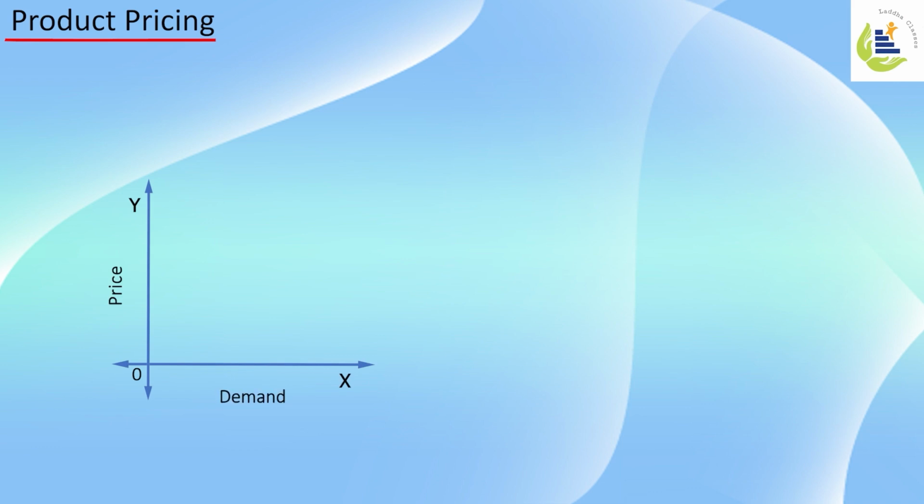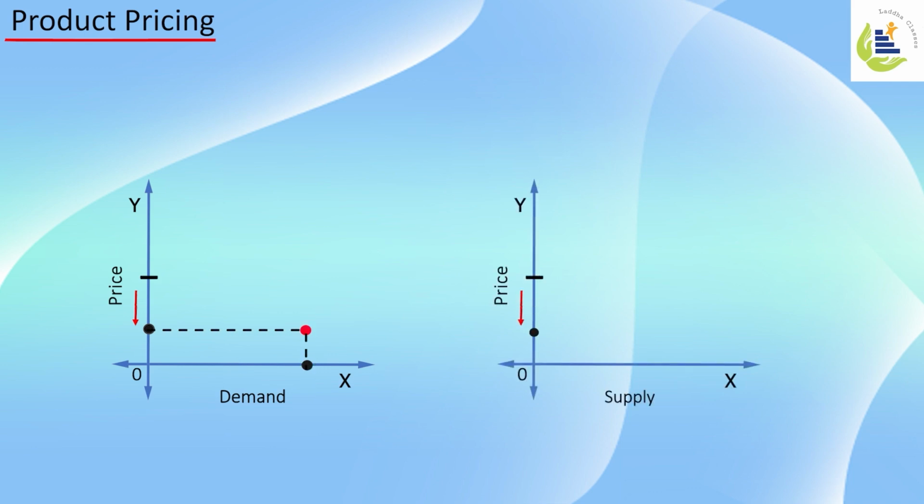If the price of a commodity is less, can you say demand will be more or less? Yes, demand will be more, so more quantity will be demanded. But since the price of the commodity is less, the supplier will tend to supply less because the profit margin will be less. So when the price is less, the supply is less but demand is high.